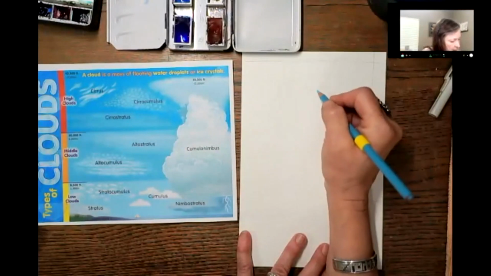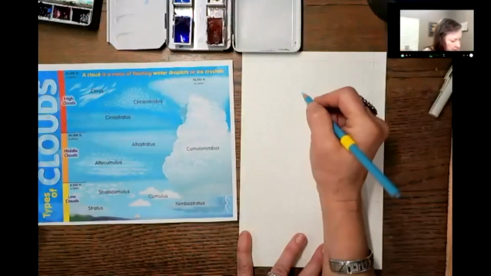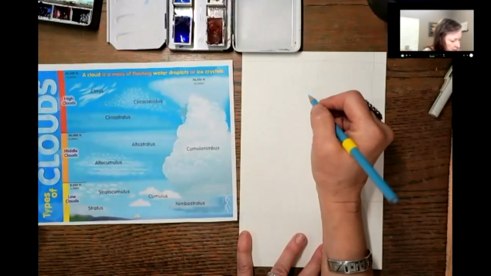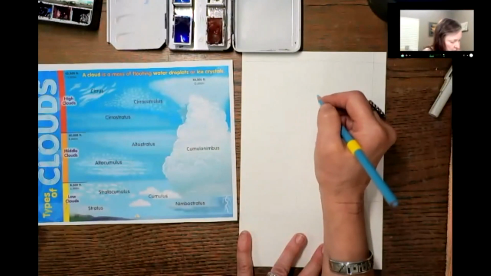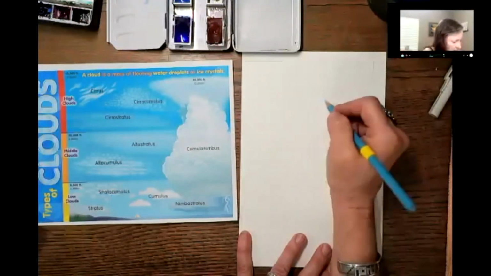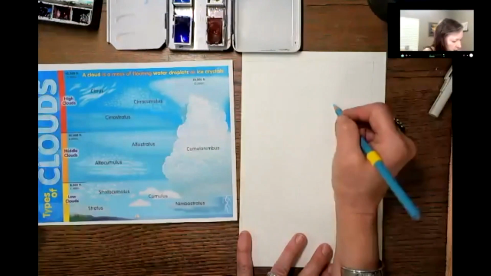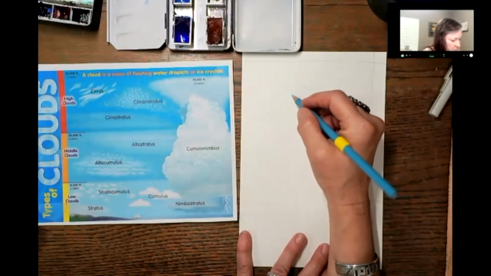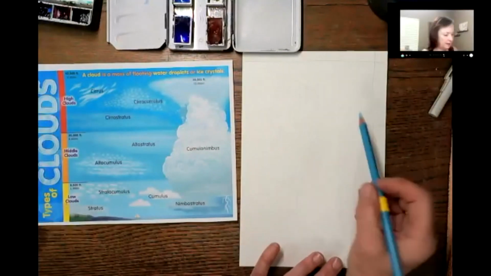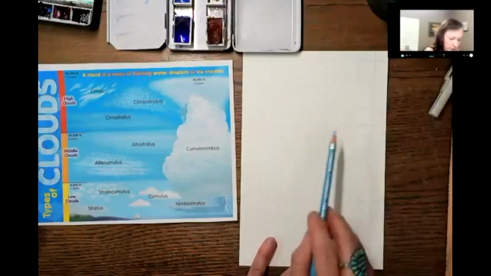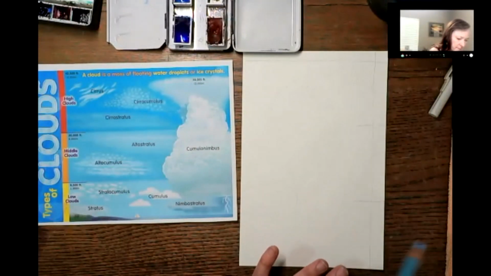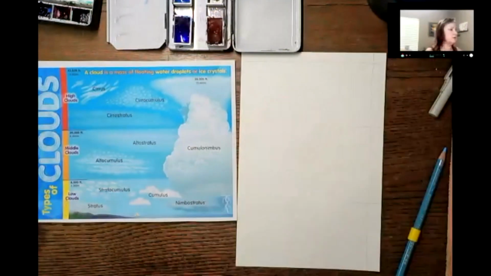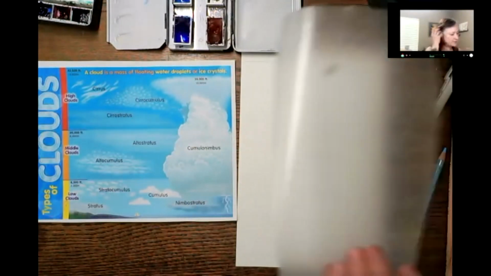Now I am pre-loading the cirrocumulus here because I want to show you how I'm going to do that. So I need a little basis. And then the cirrostratus I'll do a different way. To show you how I do that, I get the best results this way.